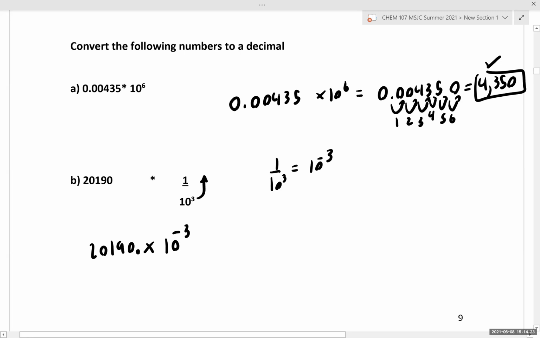And now once we have this set up, we know how to multiply by negative powers of 10. And so we can move our decimal point 1, 2, 3 spaces to the left because we're multiplying by 10 to the -3rd. And that gives us 20.190. Do these problems make sense to everyone? Is this making a little bit more sense?